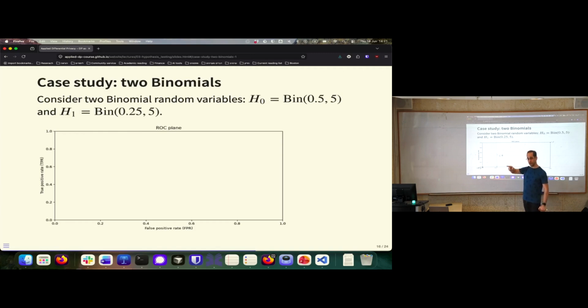In this case, larger. Right, because now H1 has a smaller expected value. So this is basically P of 0 given 0.5 plus P of 1 given 0.5. When I say given, it's like given that this is the distribution.